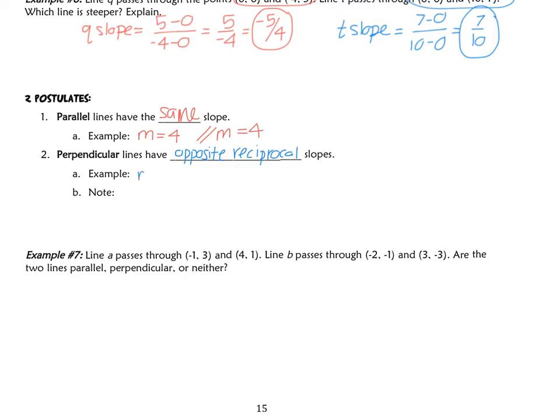Example, if the slope was negative 5/3, the perpendicular slope, that upside down T slope, would be, well, it was negative, now my perpendicular will be positive, and switch the numerator and denominator. So the negative 5 from the top goes to the bottom, the 3 from the bottom goes to the top.